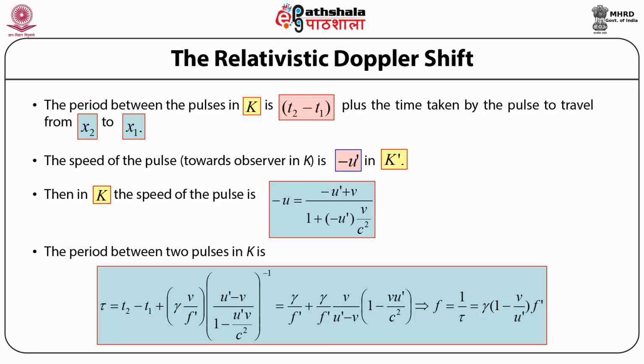If we simplify this further, we get tau equal to (gamma / f' + gamma / f') times (v / (u' - v)) times (1 - v u' / c²). Or the frequency of the pulses f, given by f = 1/tau, is equal to gamma times (1 - v/u') times f'.